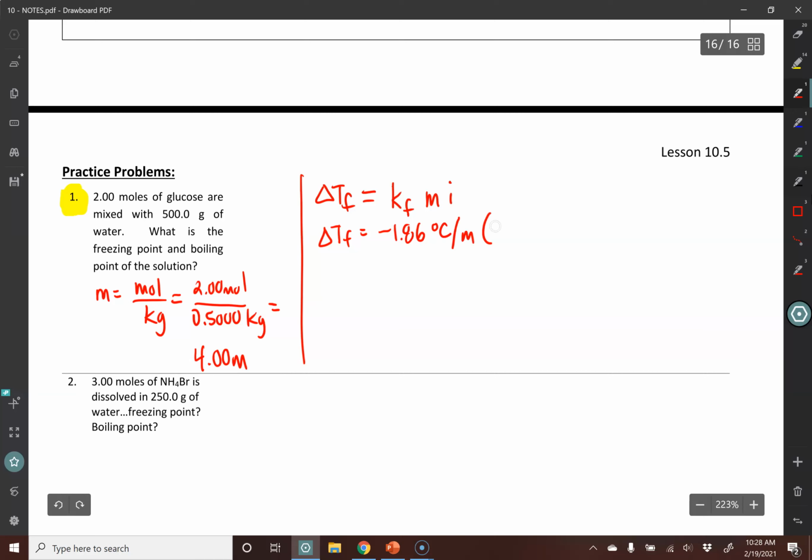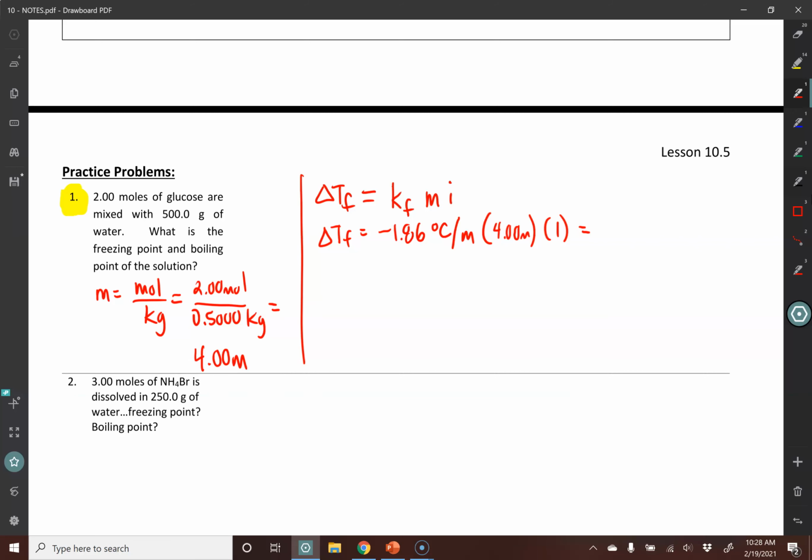I know that the concentration of my solution is 4.00 molal. And i is the number of particles that the substance is going to break apart into. We just talked about glucose on the previous slide. Glucose, as a molecular solid, is not going to break apart, so i is going to be equal to 1.